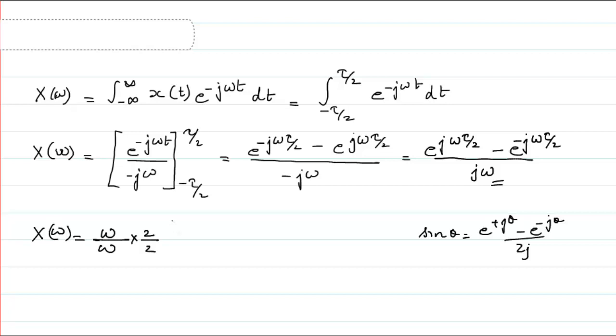Then the remaining portion is e raised to power j omega tau by 2 minus e raised to power minus j omega tau by 2 divided by j omega.